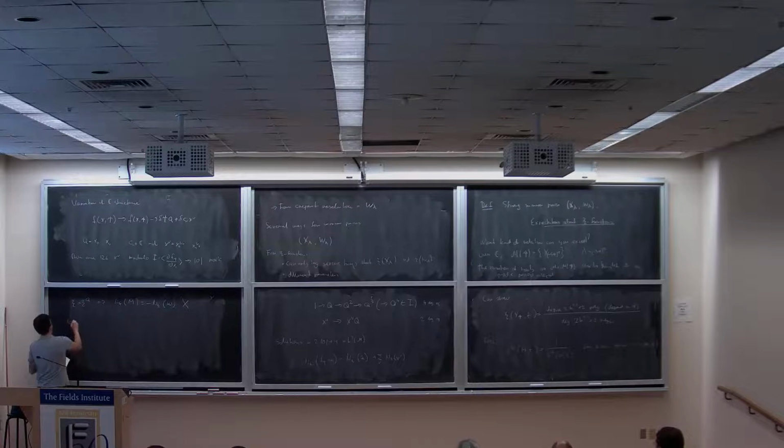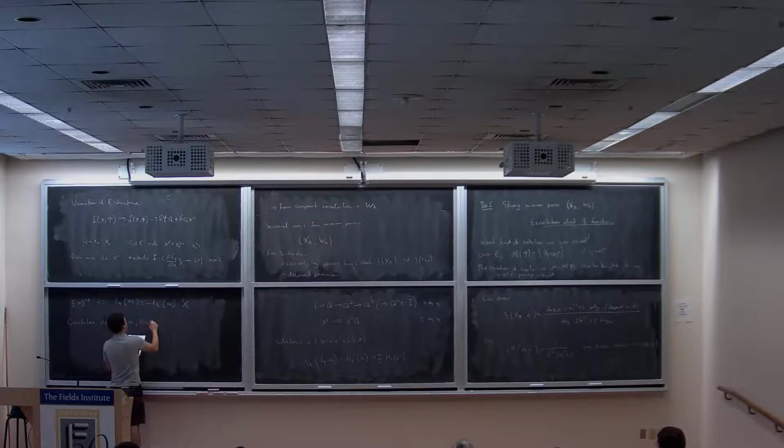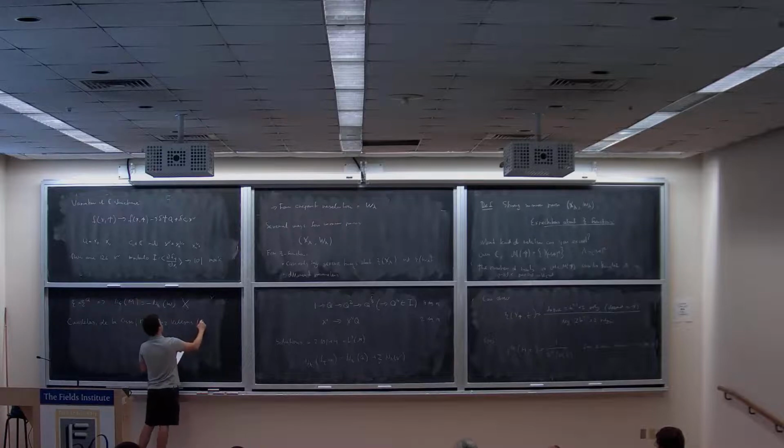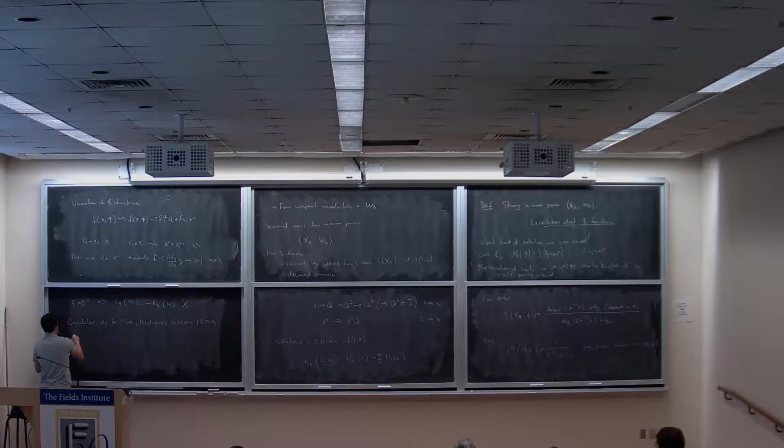And let me tell you the direction in which this goes. So Candelas, de la Ossa, and Rodriguez Villegas showed that, well, first of all, for a mirror pair M_psi, W_psi, where here M_psi is the quintic threefold and W_psi is its mirror, you have the zeta function of the threefold of the following form.